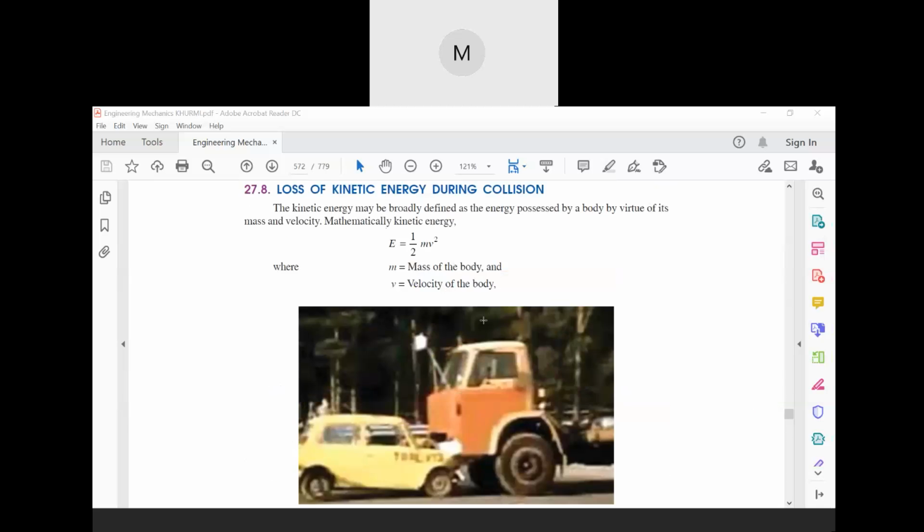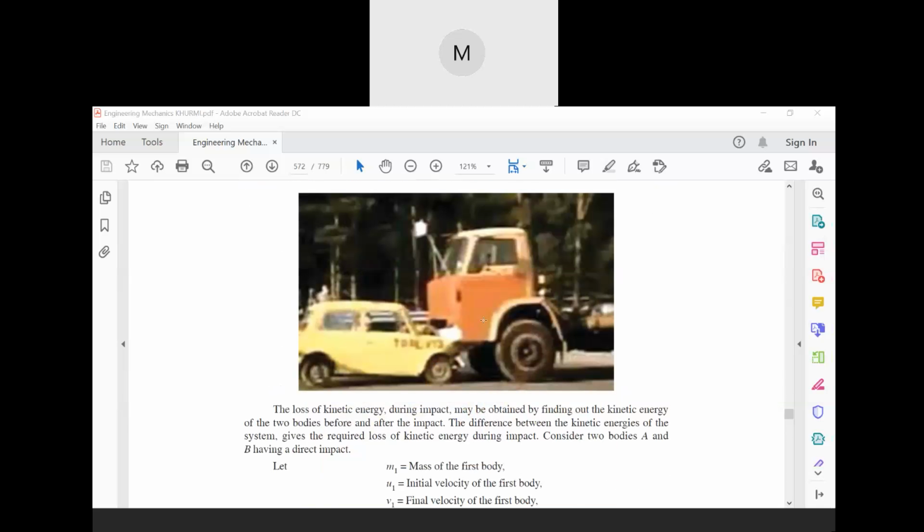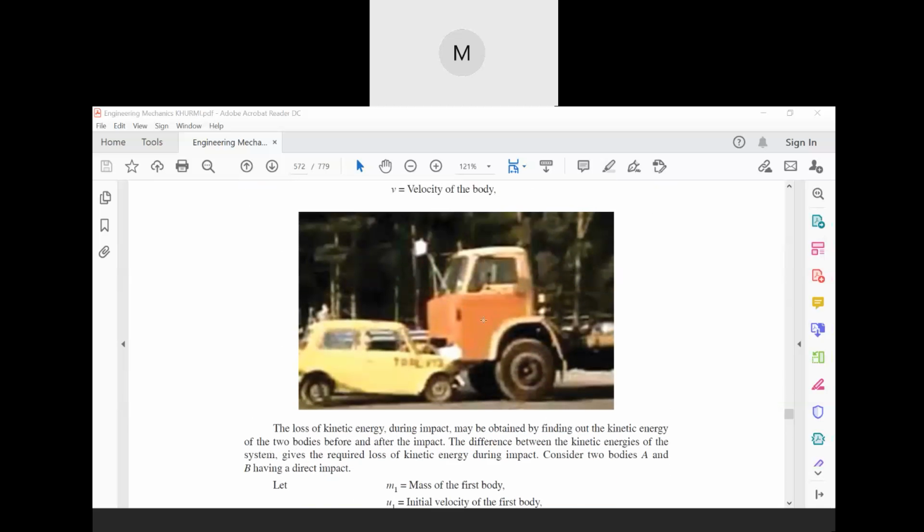Now if you see, the loss of kinetic energy during impact may be obtained by finding out the kinetic energy of the two bodies before and after the impact. Suppose, as you can see from the figure, a truck is colliding with a car. Because of this collision, there will be a certain amount of impact. Because of this impact, definitely there will be a certain amount of loss in kinetic energy.